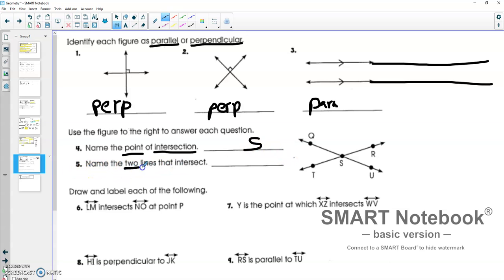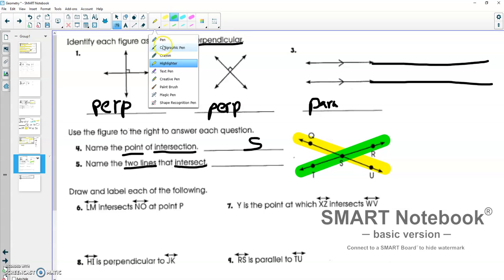Now it says name two lines that intersect. So I'm looking for two lines, and if I see it right here and right here. Okay. So if I look at the yellow, what is this line?